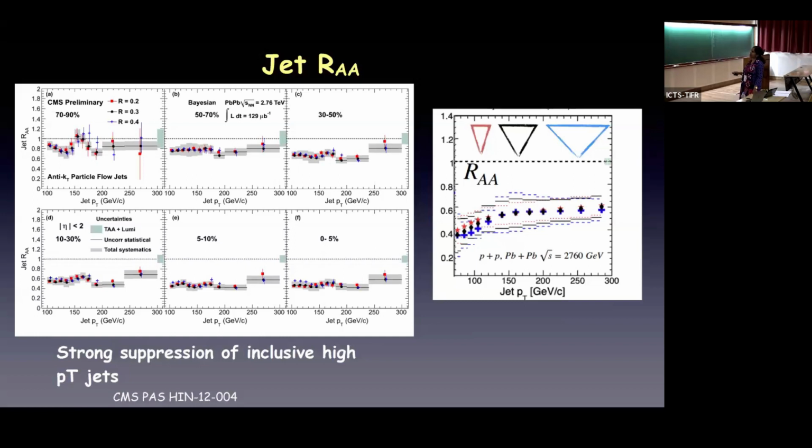You see that RAA is significantly lower than 1. So there is a strong suppression of jets seen in lead-lead collisions, and that is a strong indication of the effect of the matter created in heavy ion collisions, which is not there in pp.